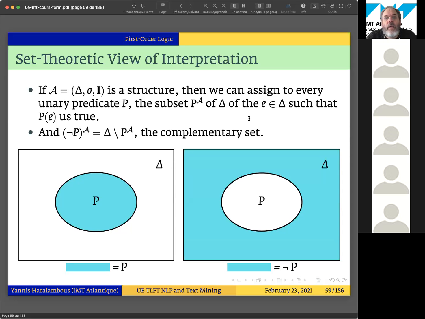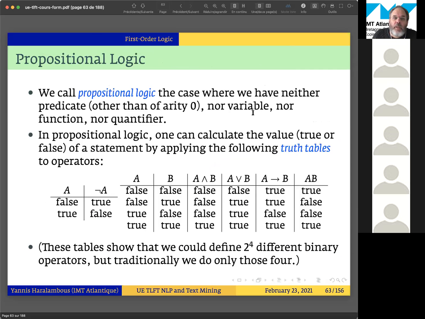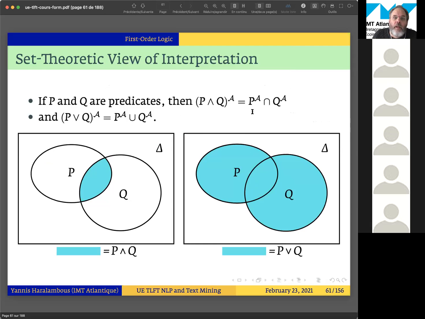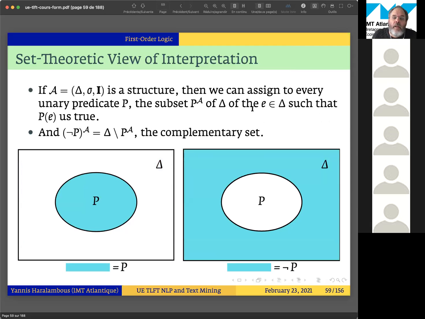So we have a set-theoretic view of interpretation. We can understand interpretation using set theory. I will finish this, and then we can take a break. So what do I mean by set-theoretic view?